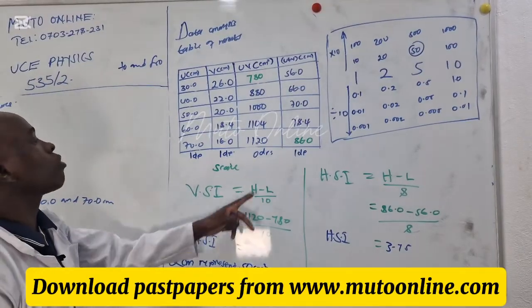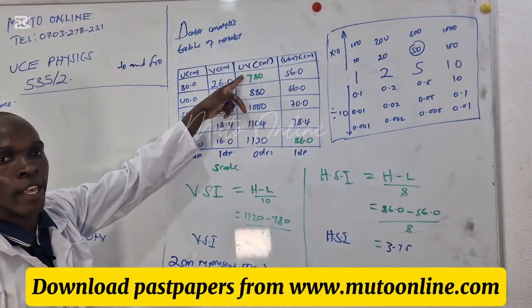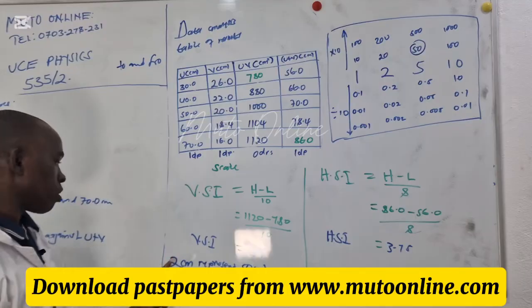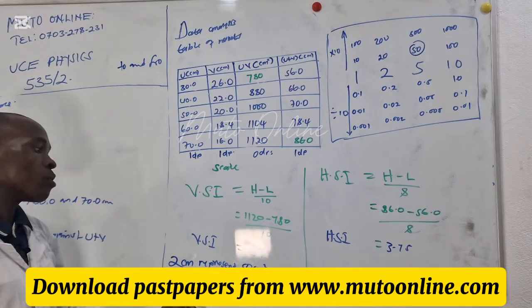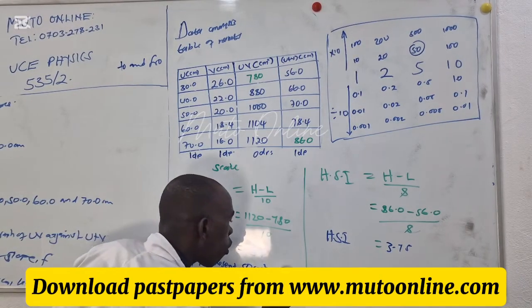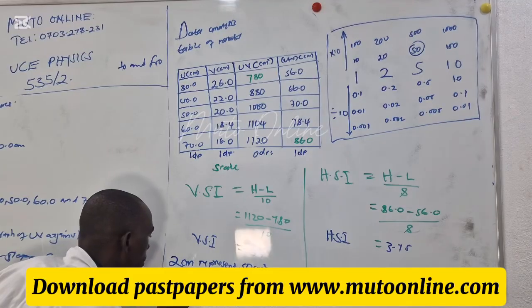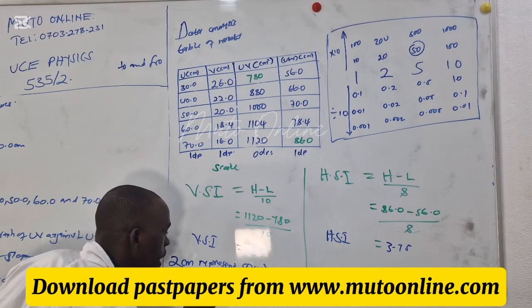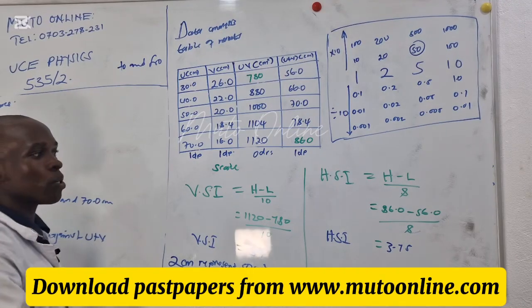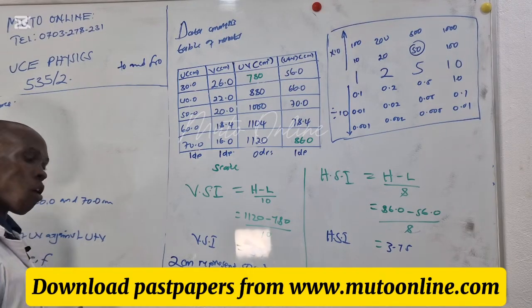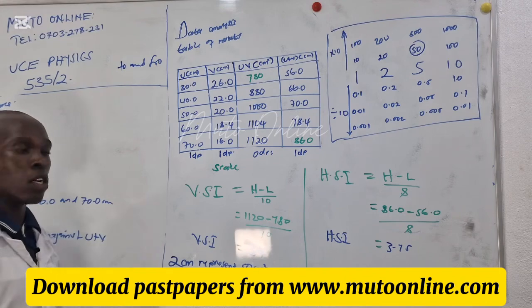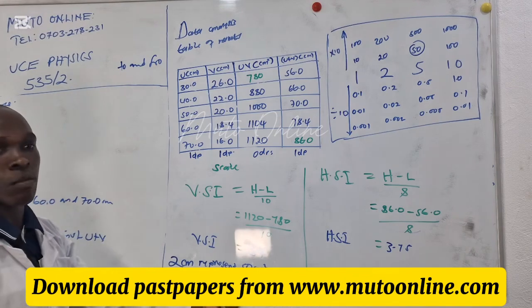Why centimeters squared? Because we are plotting this UV on the vertical. So we are going to say 2 centimeters represent 50 centimeters squared on graph paper. That is the scale. So that means we shall use an interval of 2 centimeters to represent 50 centimeters squared.